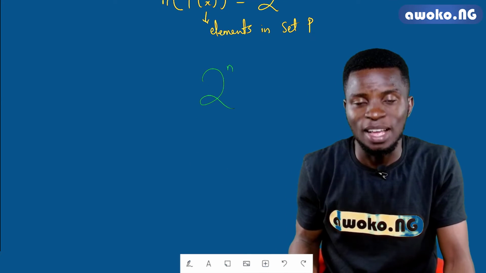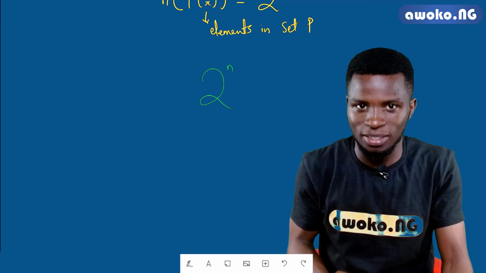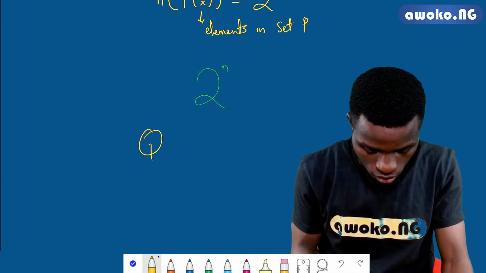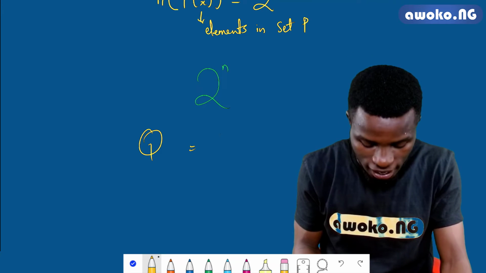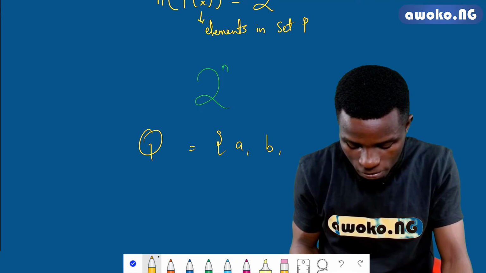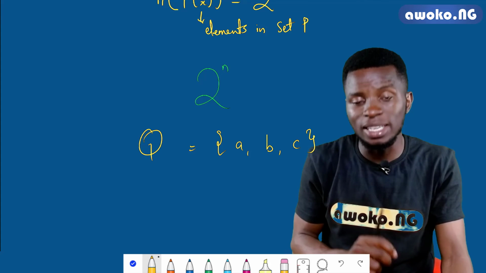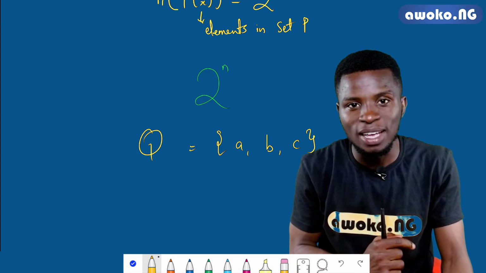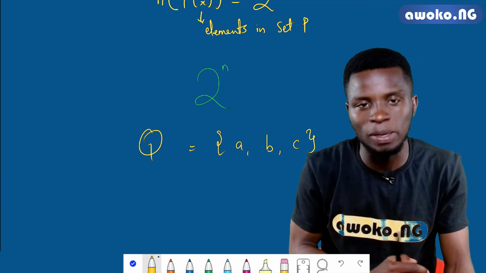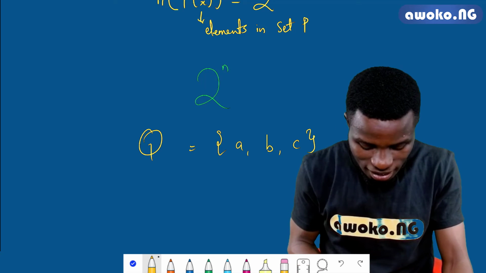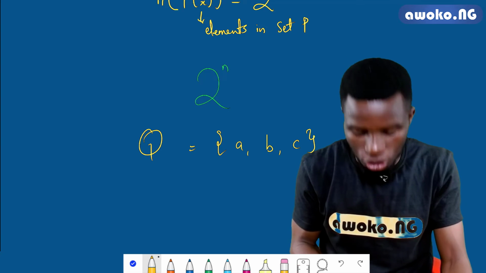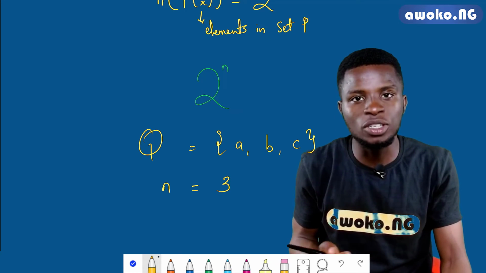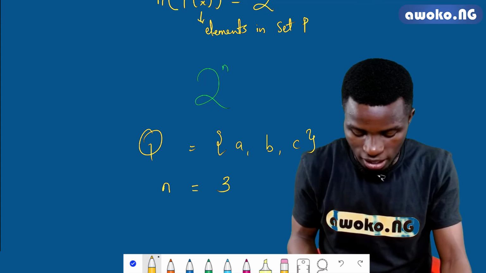That being said, let us consider a set as an example. So consider the set Q, which is equal to the following elements: A, B, and C. So these are the elements in the set Q. The first thing we have to note is the cardinality of this particular set. So the cardinality of the set Q, which is seen as n, is equal to 3, because the number of elements by counting is 3.